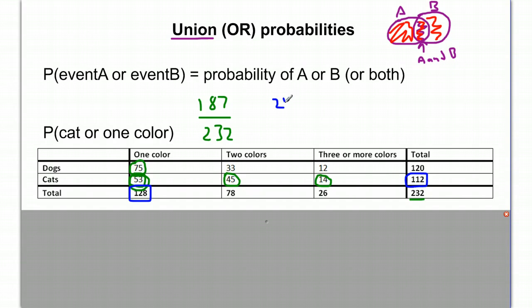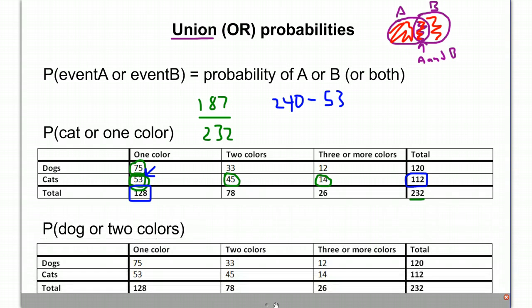You would get 240 if you added those 2 numbers together. The reason that this number is too big is because we double counted these 1 color cats. You're only supposed to count them once, you're not supposed to count them twice. So if you subtract 53 out of this, you're going to find that you get 187, our correct answer. So if you take these 2 totals here for the row and the column, you add them together and you subtract that thing that you overlapped, you counted twice, then you're going to get exactly what you're supposed to.